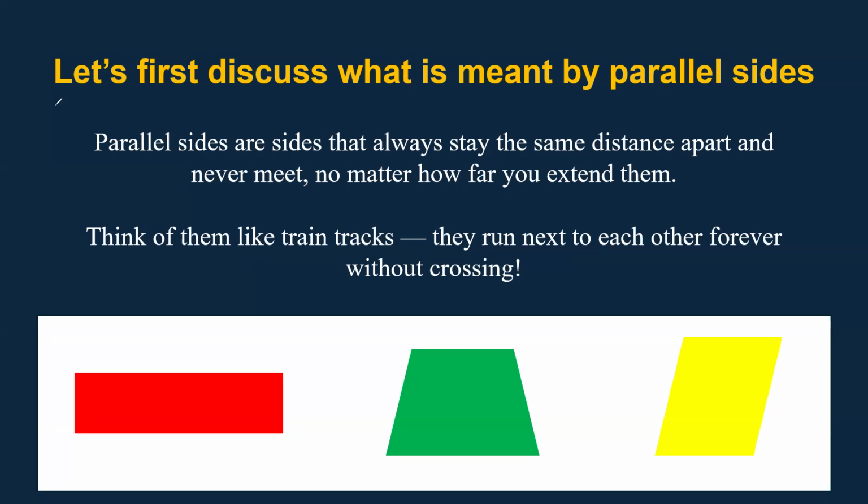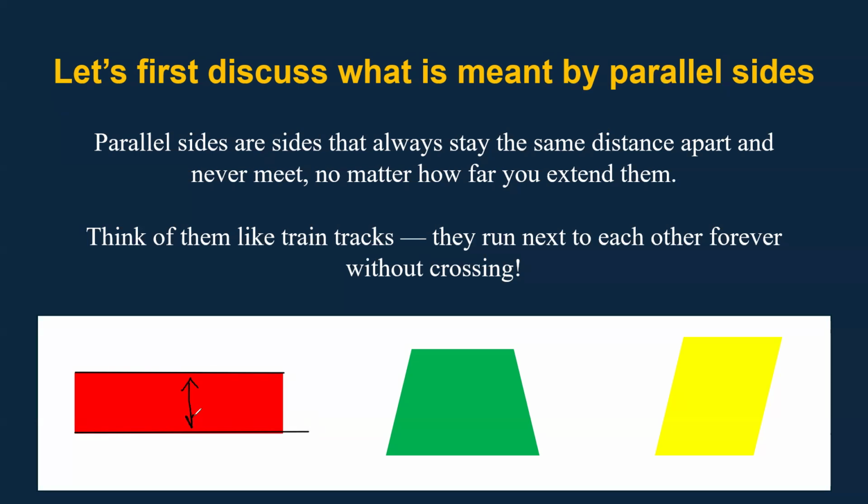So let's look at the red rectangle to begin with. And what we're going to do is compare opposite sides. So we've got this top side here and this bottom side here. I'm trying to carefully draw a straight line across each side. And what you'll notice is that the distance between those two sides, so let me indicate the distance, from one side to the other, never changes.